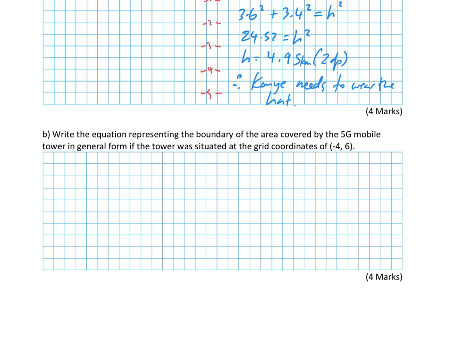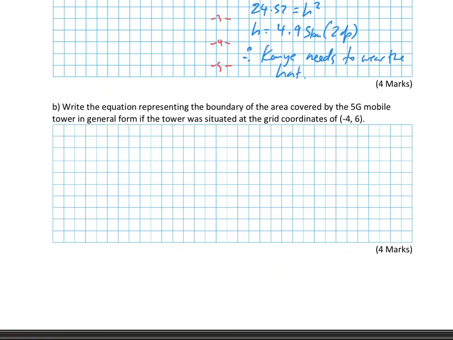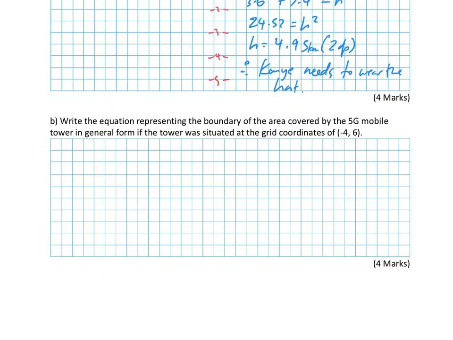Write the equation representing the boundary of the area covered by the 5G mobile tower in general form. I'm not going to do it in general form to start off with. I need center radius. If it was at grid coordinates -4 and 6, you're going to have x take -4 is +4 squared plus y take 6 squared equals, the radius was 5 kilometres, the radius squared is going to be 25.